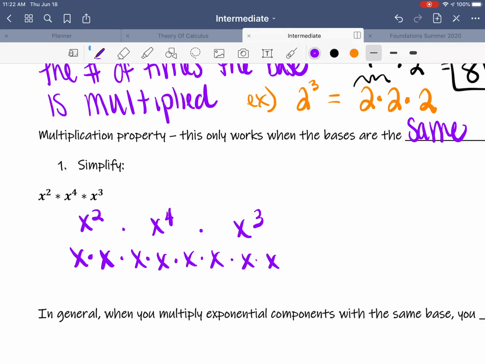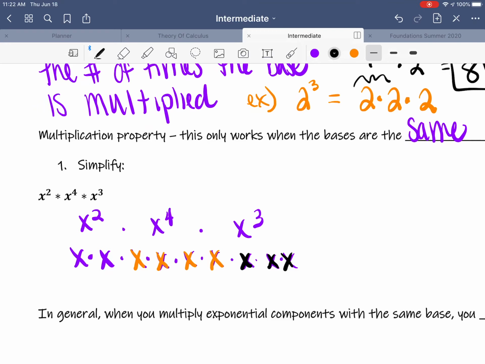And then x to the third is 1, 2, 3. I'm going to do this in a different color so you can see that they represent different terms. Even though they're different colors, they are still x.